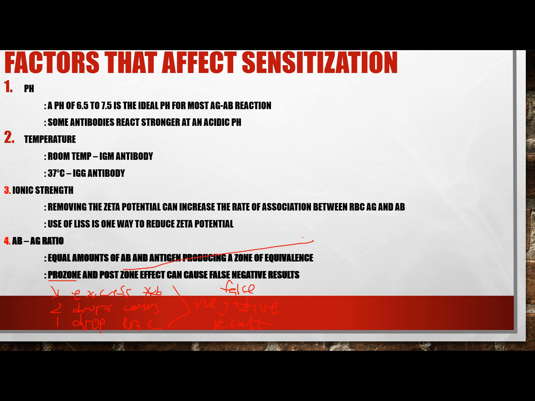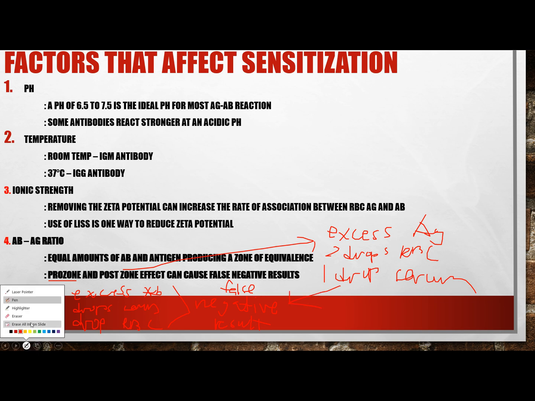While postzone is excess antigen. So this is the reverse: you would now use 2 drops of RBC and 1 drop of serum. So that's how you differentiate prozone and postzone. Prozone, excess antibody; postzone, excess antigen. And both of them, class, could cause a false negative result. Take note of that.